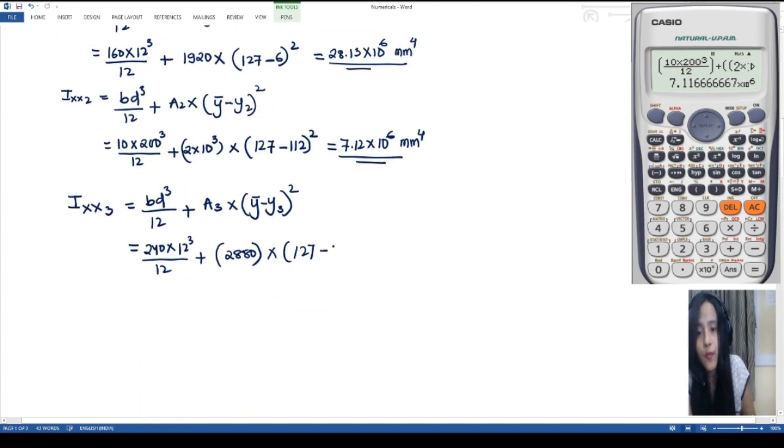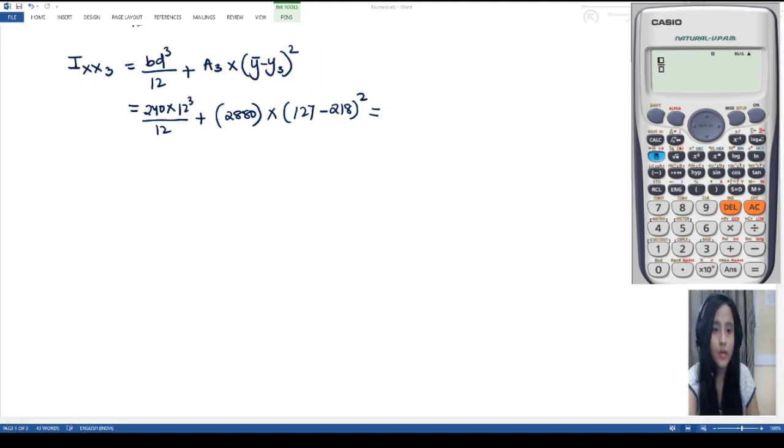Y3 is 218 mm square. So let us solve this in a calculator again. How much does it come? 240 into 12 cube divided by 12 plus its area 2880 into h square, which is 127 minus 218 square.